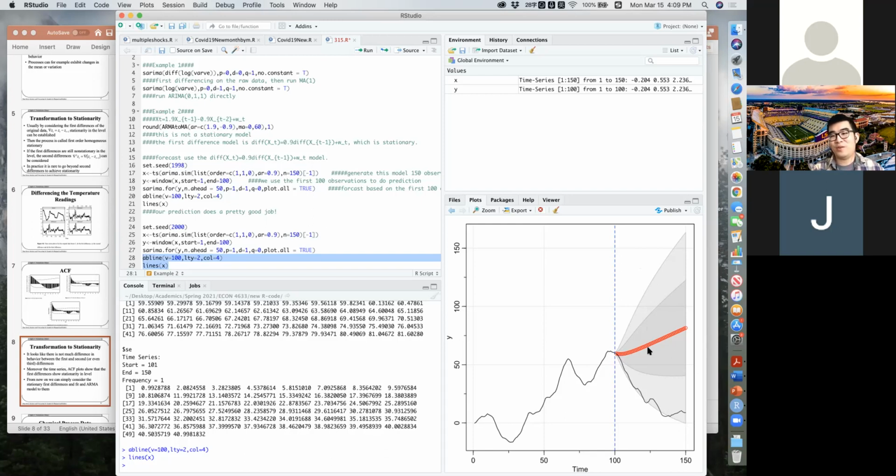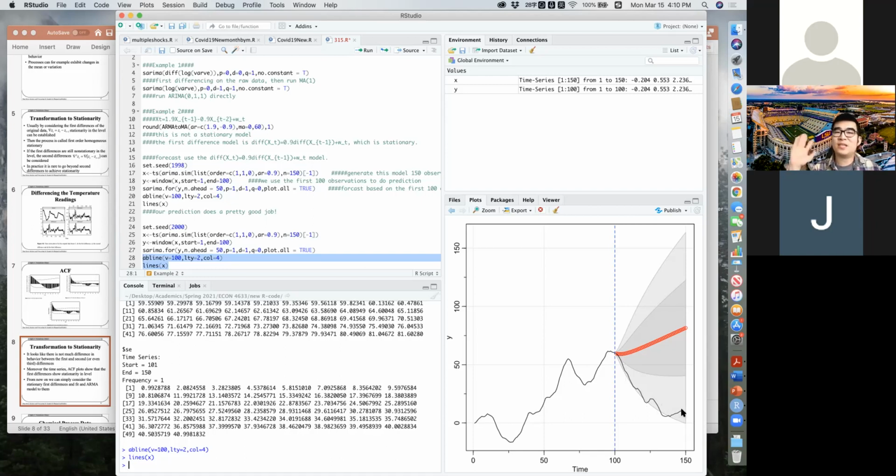Even so, this prediction is basically useless. If you want to use this prediction to trade in the stock market, you will do totally the opposite thing. But from the mathematical perspective, it is not wrong because it is still within the confidence interval. So this just says that if we change the data generating process a little bit, then the model might not do a very good prediction job.